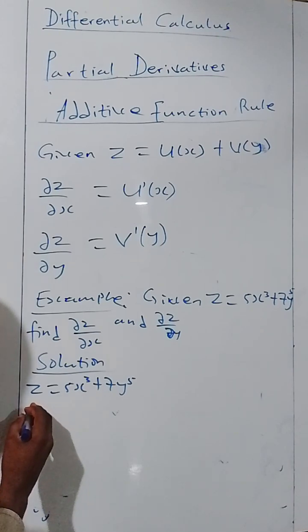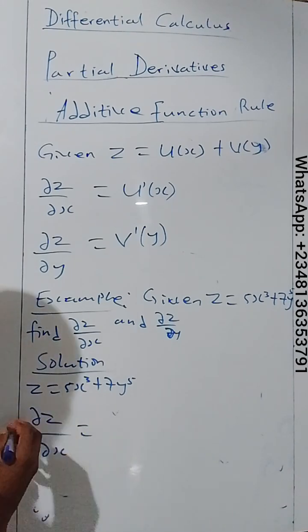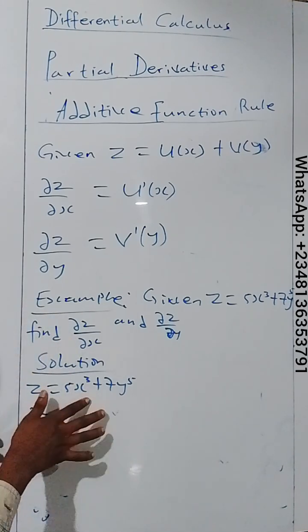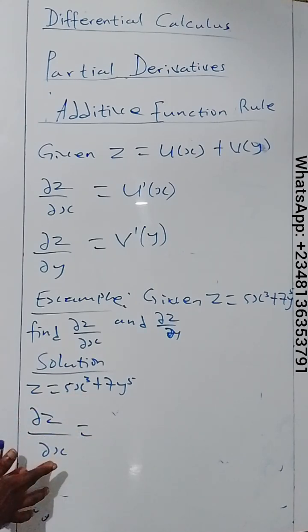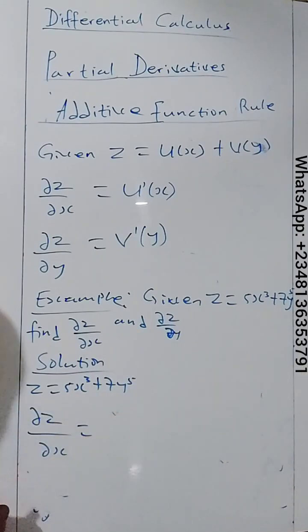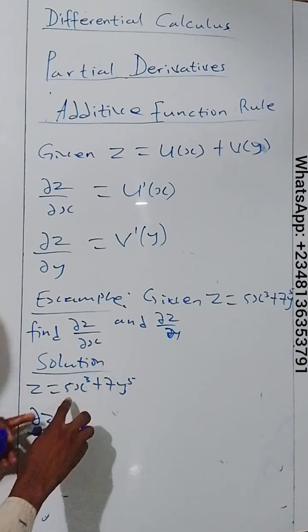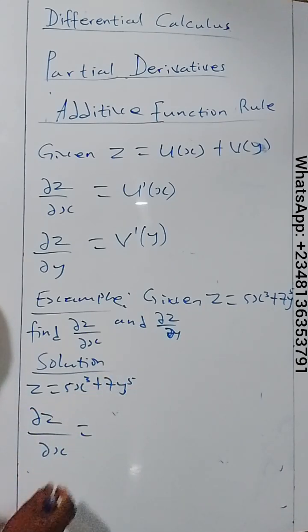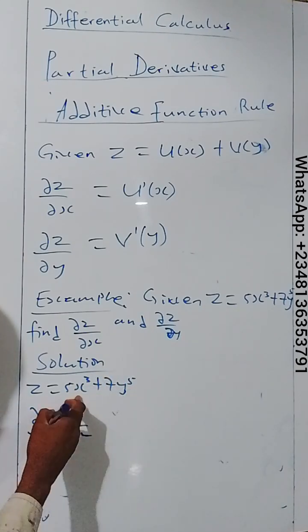So we follow the rule. For the partial derivative of z with respect to x, our focus will be on the function that has the relevant variable we are differentiating with respect to, while we ignore the one that does not have that variable. So the focus will be on this. We are going to differentiate this.